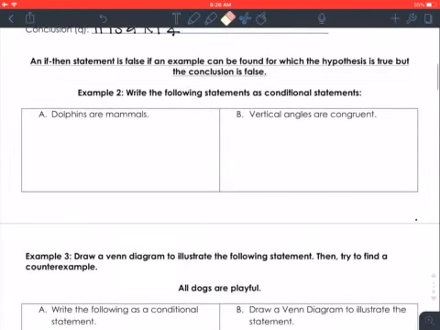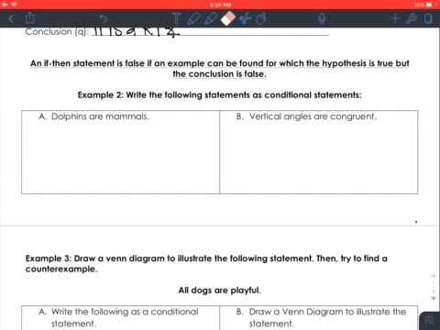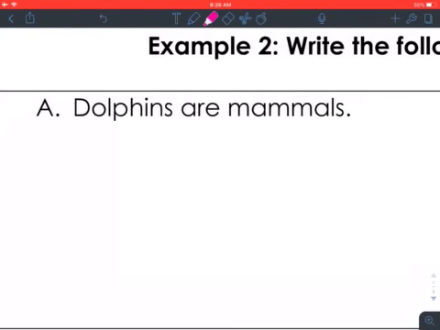All right, now the next part of this is we have to write statements in conditional form. And the key here is that we can't take any more information than what this statement is giving us and write it in that conditional form. So, for example, I couldn't say if dolphins are mammals, then they are warm-blooded, all right?